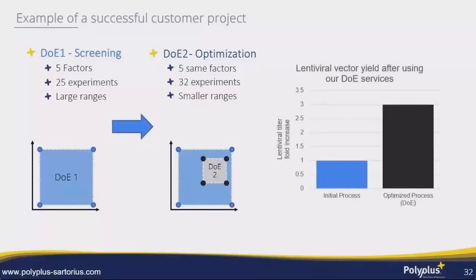From the initial process, we actually had a threefold increase, so we were really happy to see that, because it was really difficult to produce vector. By using this DOE and having this threefold increase, the customer was able to say, okay, this process makes sense, it will be viable economically, we can move forward, and they were really happy with it.